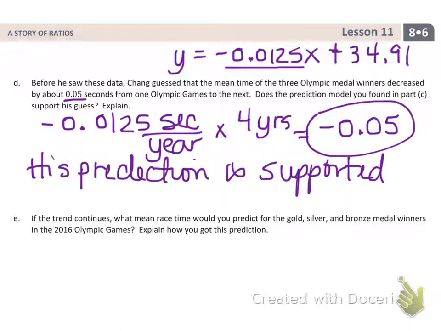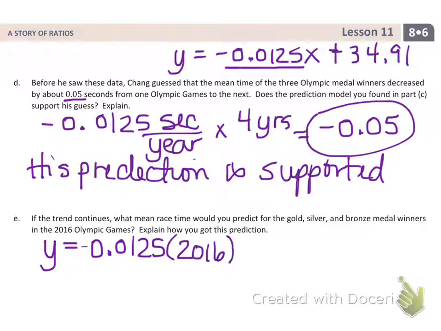Okay, so the time y is going to be negative 0.0125 times the year 2016 plus 34.91.